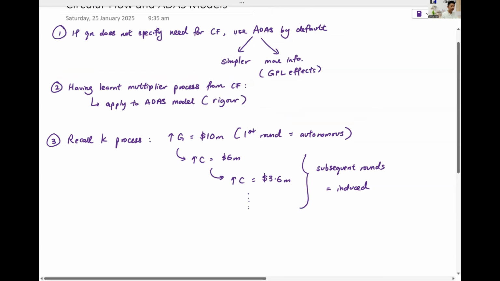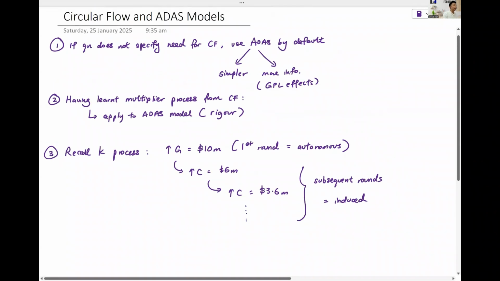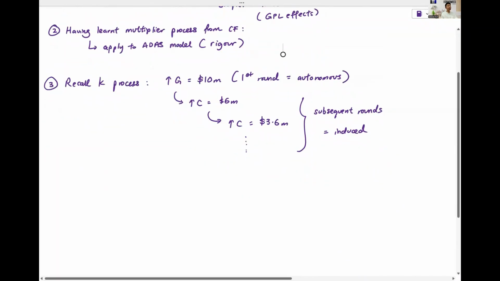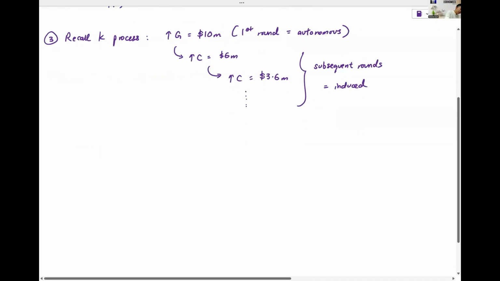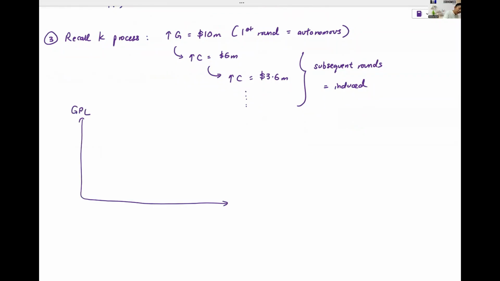So we're going to translate this to the AD and AS model. And then you go like, oh, but I haven't learned the AD and AS model in school. Well, we did this about two lessons back. You can always look back at the notes, even the lesson summary that I sent to all of you. So if you try to translate this to your AD and AS model, you have GPL, you have real GDP, you have AS that looks like this.